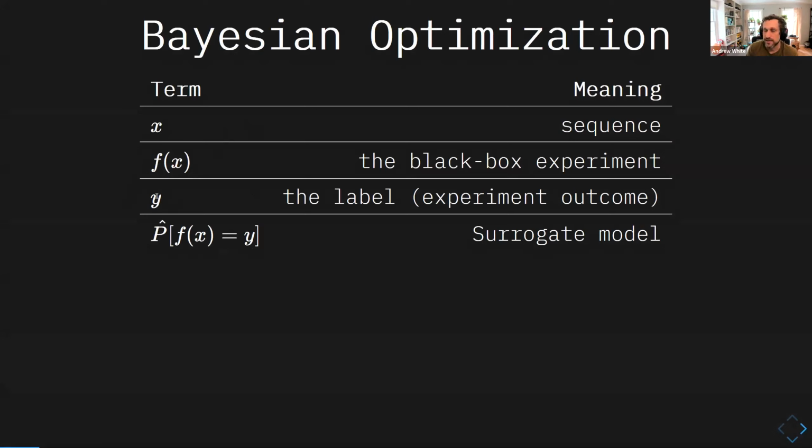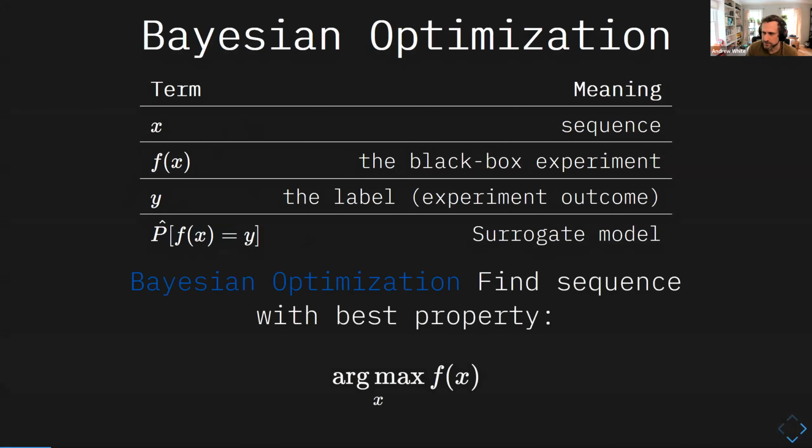So this is what we measure. And then what we're going to be using is an object called a surrogate model. And a surrogate model is our prediction of the outcome of that experiment. And in Bayesian optimization, the goal is to find the best sequence or to find the best molecule. And you can see this setting maps really well to something like drug discovery, where the surrogate model might be something like a biophysics model or QSAR or something like this.